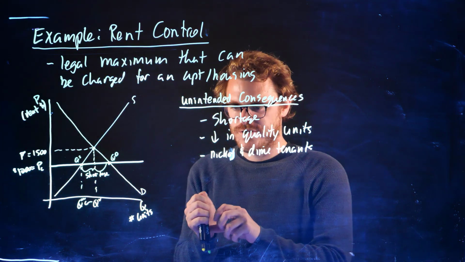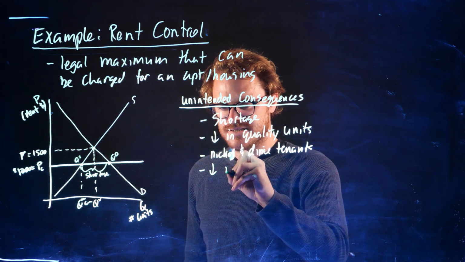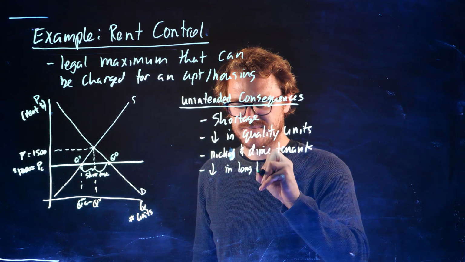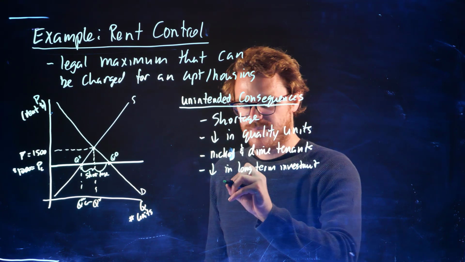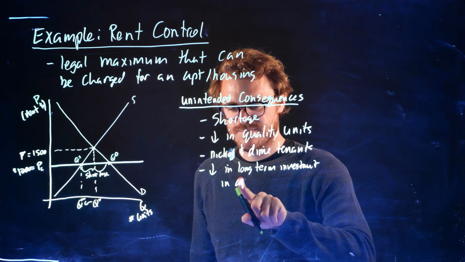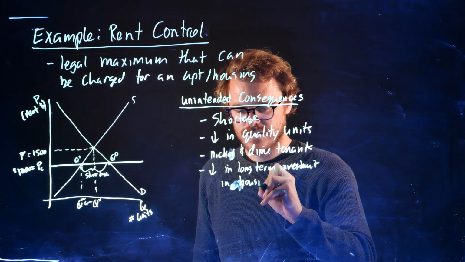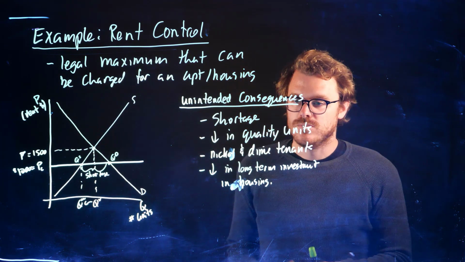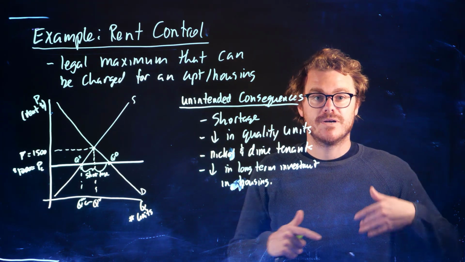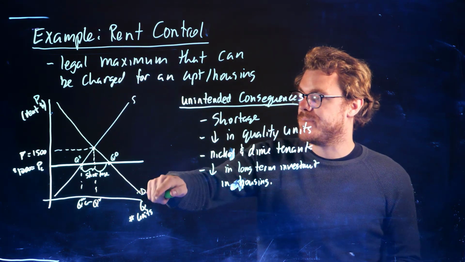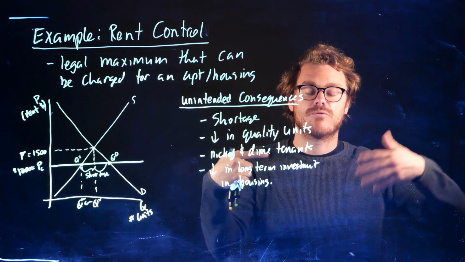It also, usually we think, causes a decrease in long-term investment in apartments or housing, maybe in general, I should say. So developers, when they're thinking about building more housing or apartment buildings or condos or whatever, are thinking about how much they can make in rent in the future.